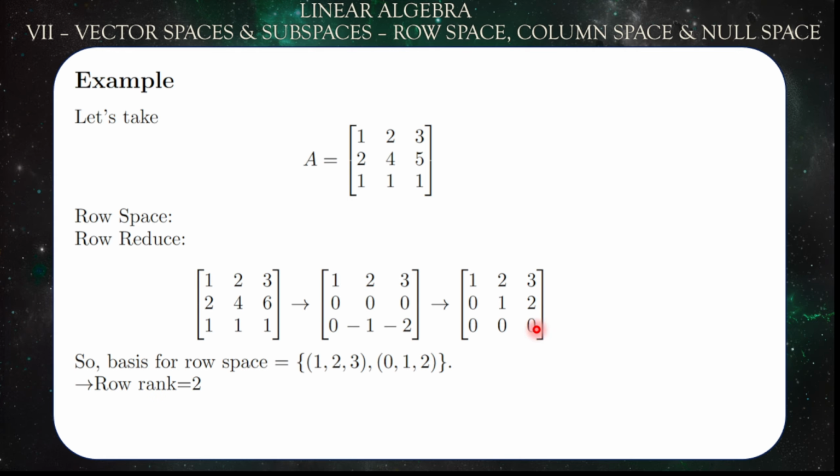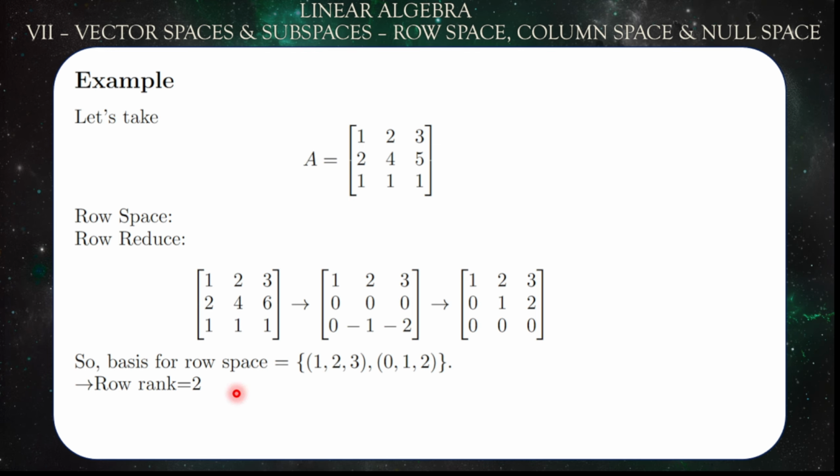Now 0, 0, 0 cannot be counted, because it renders the set dependent, so it cannot be a basis or a generator. Its combination with 1, 2, 3 gives back 1, 2, 3, which already exists. So the unique linearly independent vectors are 1, 2, 3 and 0, 1, 2, from which you can generate other vectors.